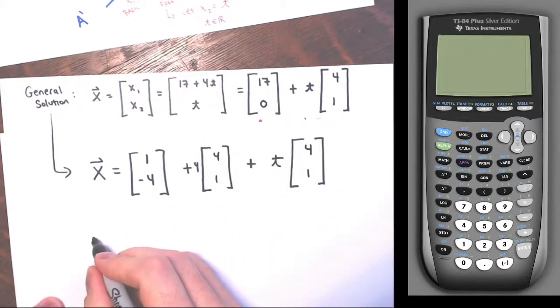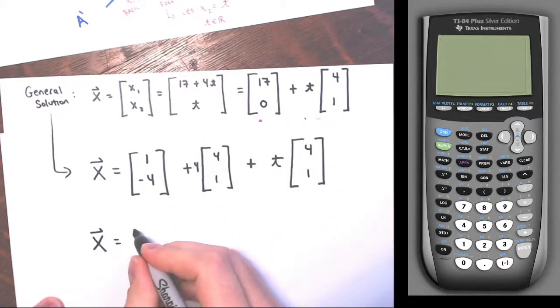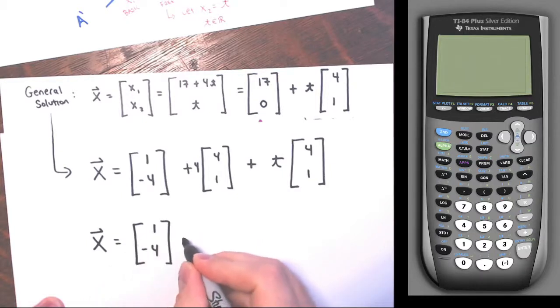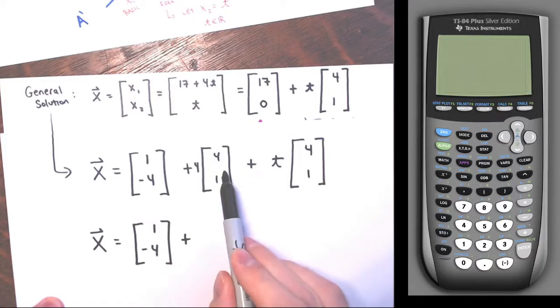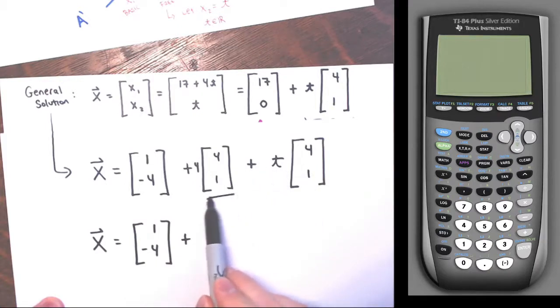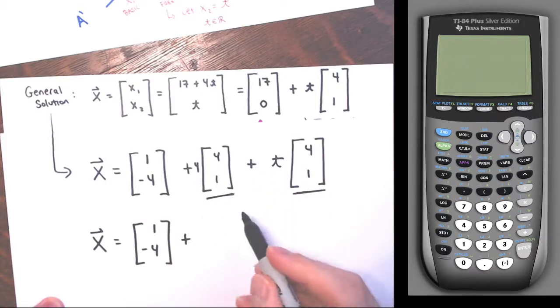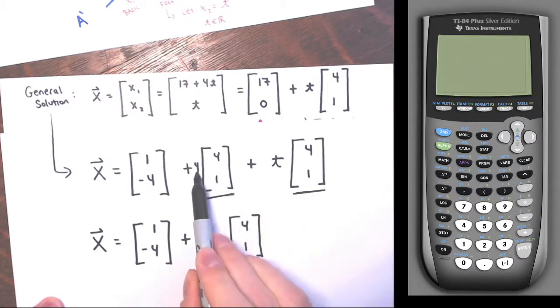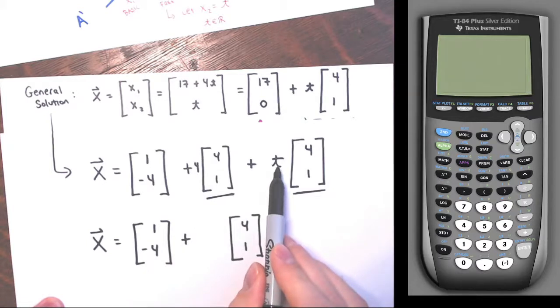And putting these together, we get x equals 1, negative 4 plus, see how both of these have the vector 4, 1 in common? So I could factor that out, the vector 4, 1 pulled out, and then 4 plus t is just some number, right? Remember, t can be any real number I want.